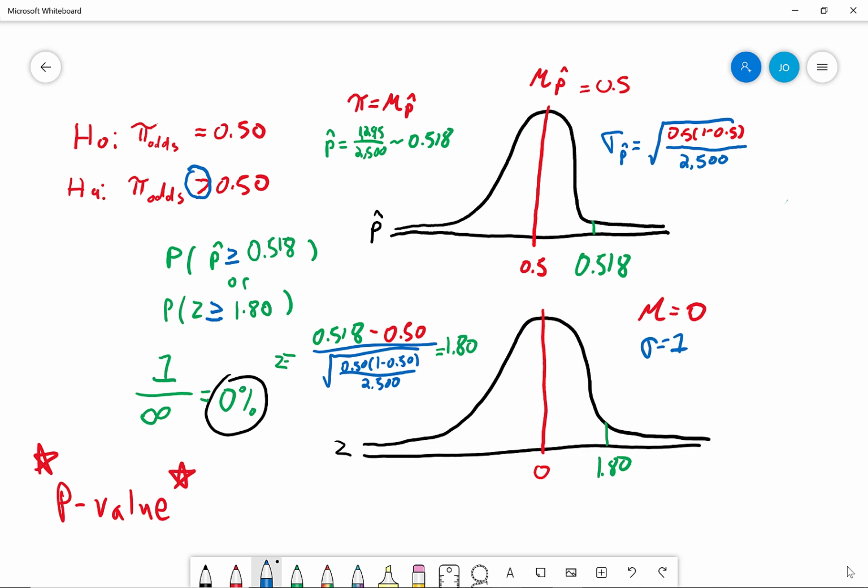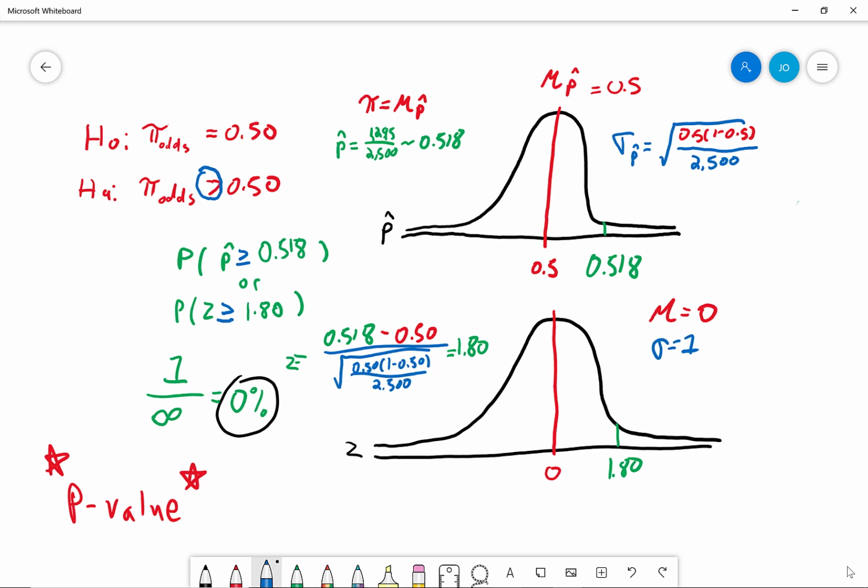If we were trying to prove it was less than, we would look for all the area less than or equal to. To visualize that, I'm going to shade in that area. We're looking for all of this blue area right here. This will be our p-value. We'll be able to find that area using our distribution calculator.